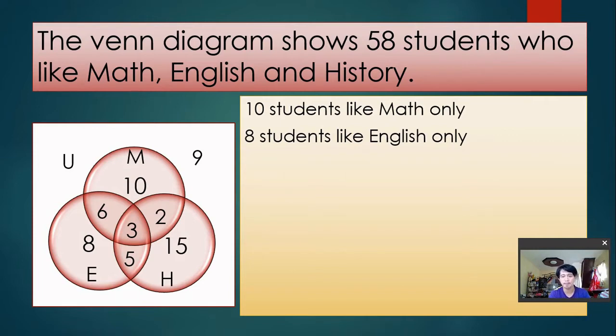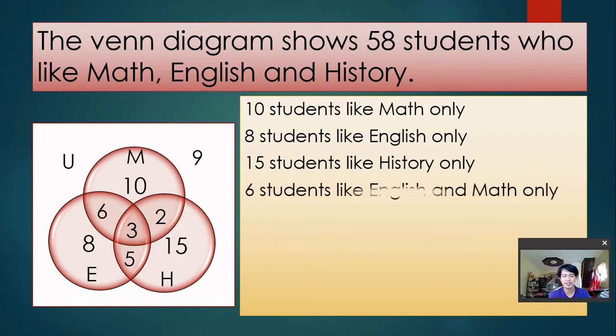They don't like math and history. How about 15? These 15 students like history only. They love history. How about 6? These 6 students like English and math only. So two subjects, English and math.